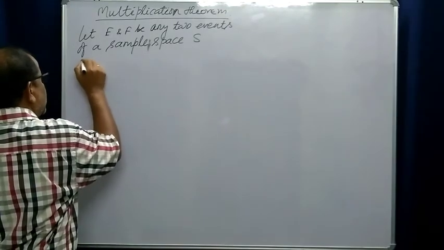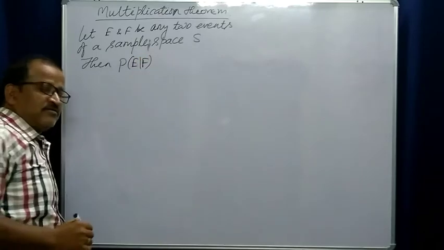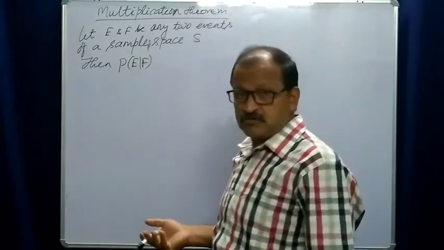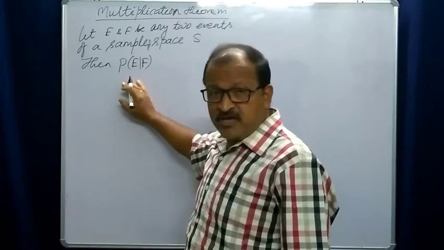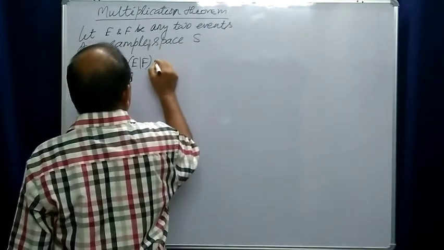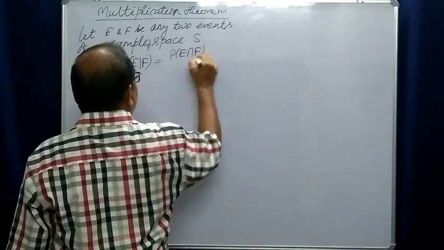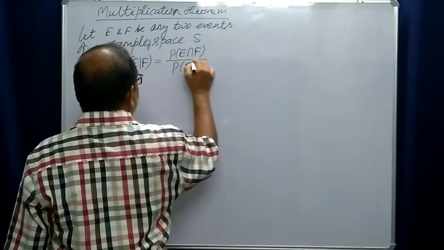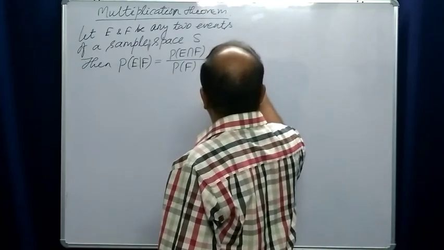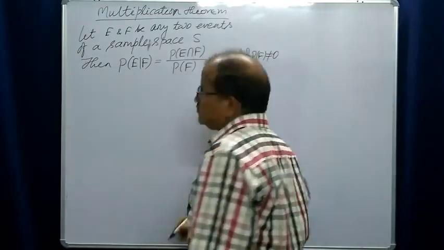the probability of E under the condition that F has already occurred, probability of E given F, is equal to probability of E intersection F divided by probability of F, provided probability of F is not equal to 0.